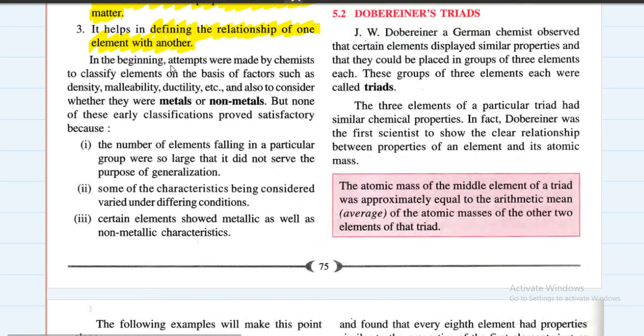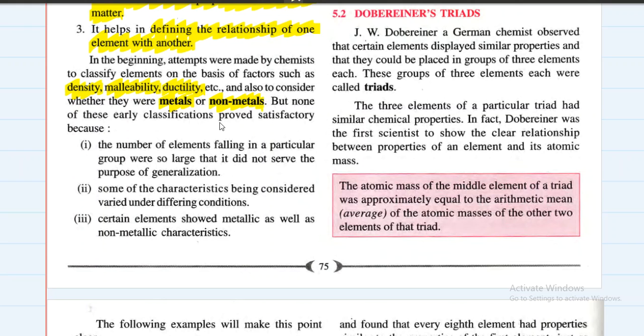In the beginning, attempts were made by chemists to classify elements on the basis of factors such as density, malleability, ductility, etc., physical properties, and also to consider whether they were metals or non-metals. So these were some initial factors on which the classification was based: the physical properties, the physical state, the physical nature of elements.